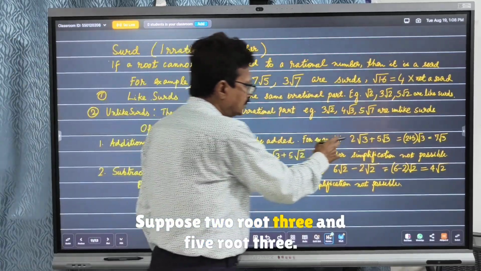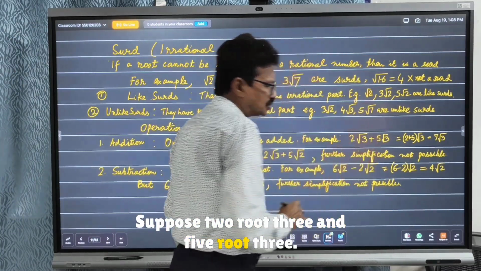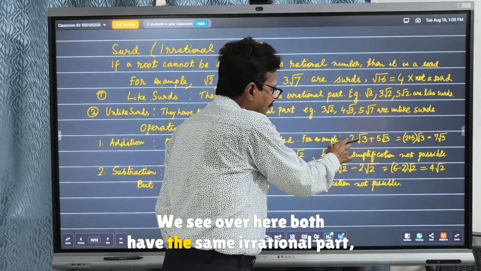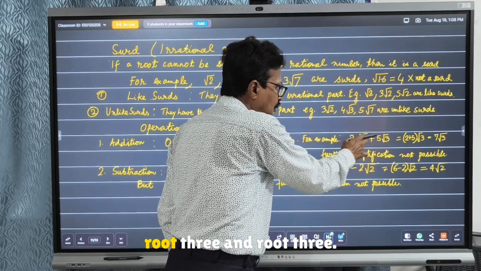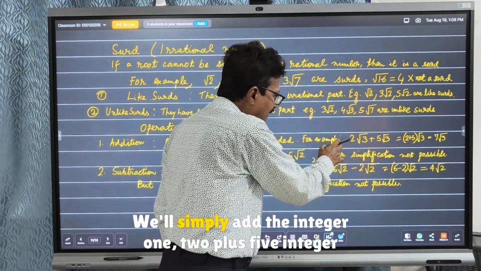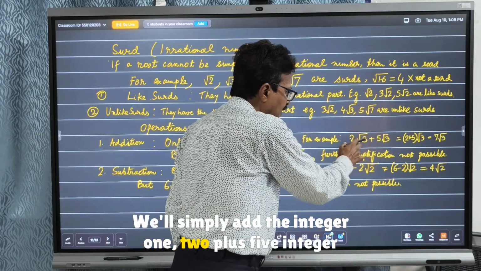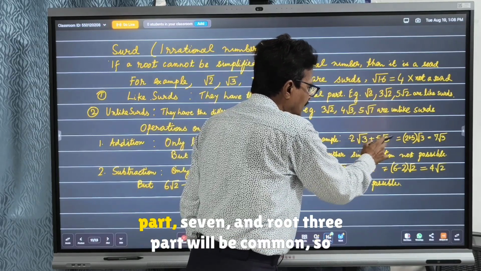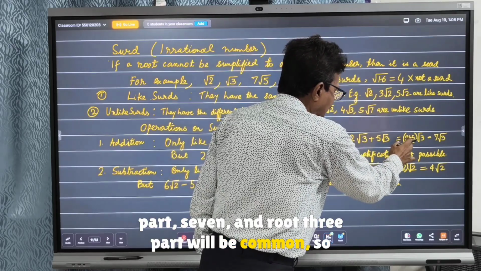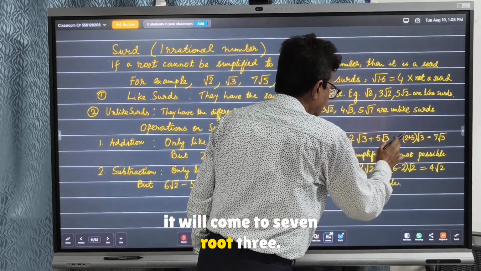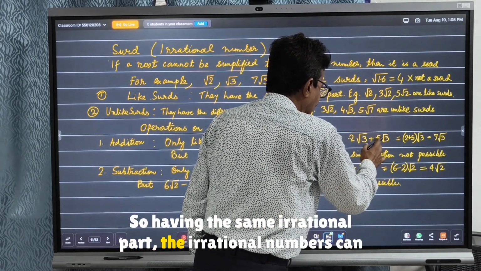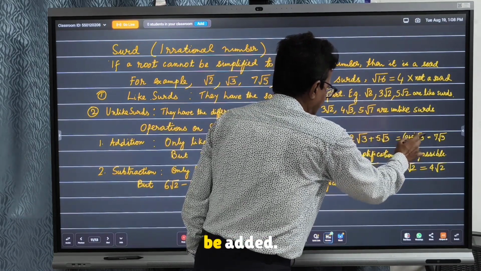Suppose 2 root 3 and 5 root 3. We see that both have the same irrational part, root 3. So what we will do is simply add the integer parts, 2 plus 5, which is 7, and the root 3 part will be common, so it will come to 7 root 3. So having the same irrational part, the irrational numbers can be added.